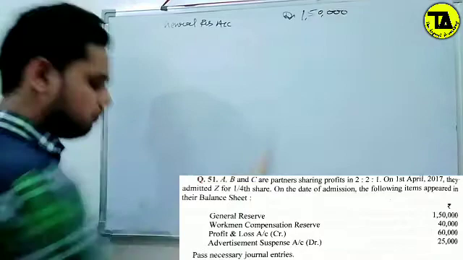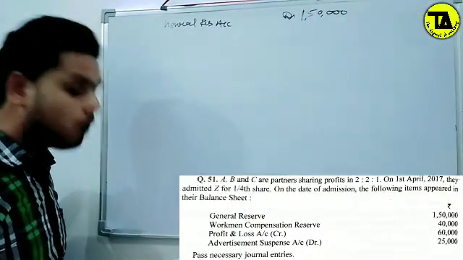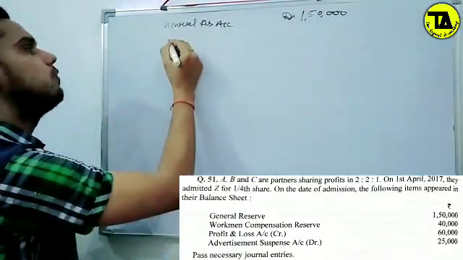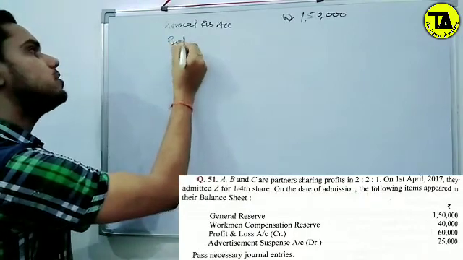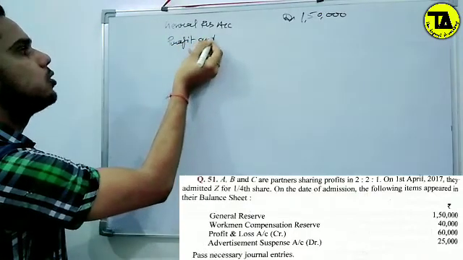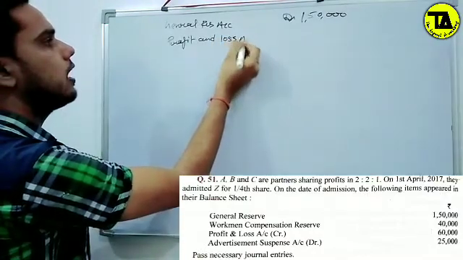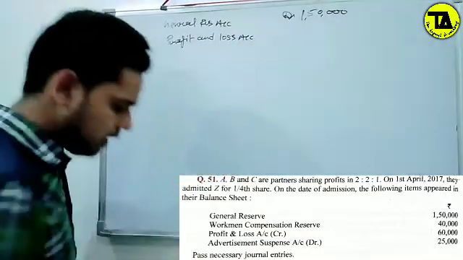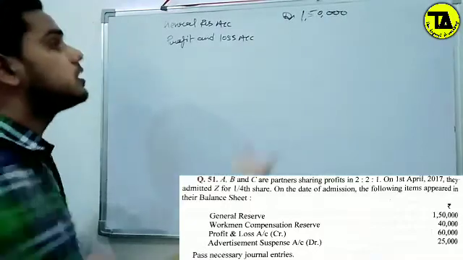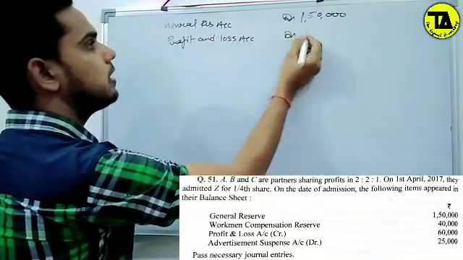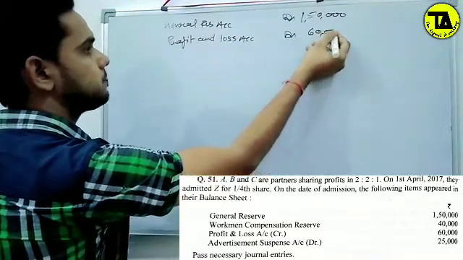We have been given one more thing, that is profit and loss account credit balance. So we will write here profit and loss account, the given amount is 60,000 rupees, so we will debit here 60,000.